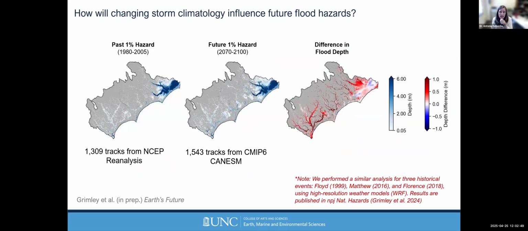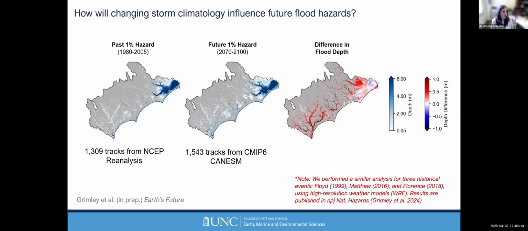But our goal was really to map what the current hazards are and what they could be in the future. And we asked this question, how will changing storm climatology influence future flood hazards? The way that we did this was that we used a large suite of synthetic events created from reanalysis data and from climate models to simulate probabilistic flood hazards in the past and in the future.